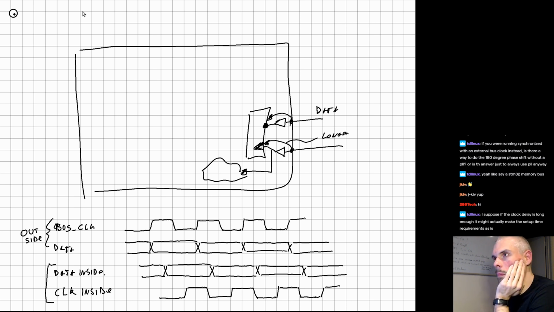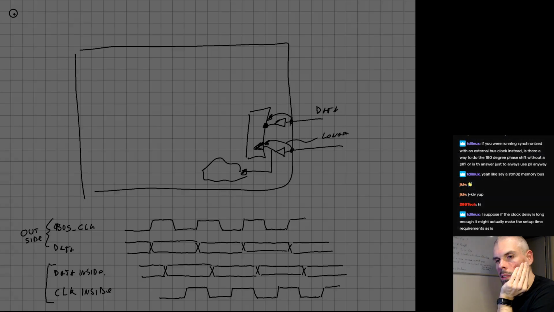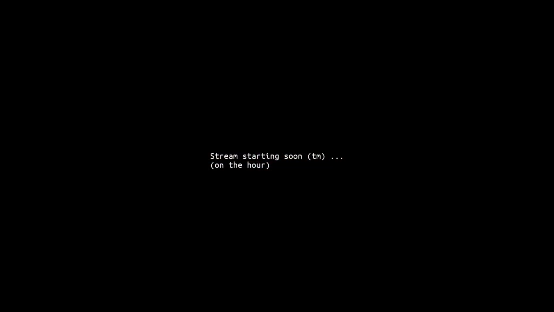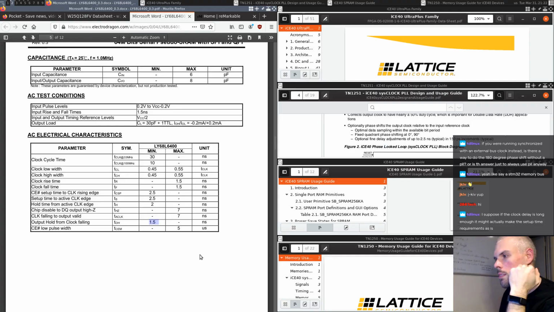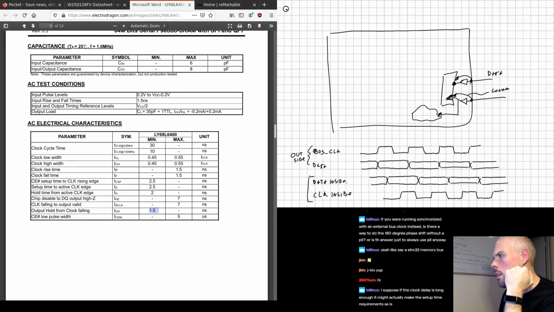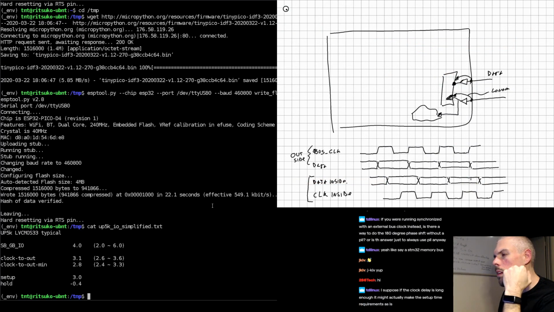Like if I go back to that. Sorry. Where do I have it? Oh, that's this thing. If I go back to this, that number here, that's the number I have here. FPGA IO 4 nanoseconds.